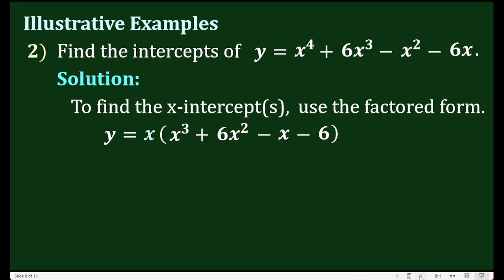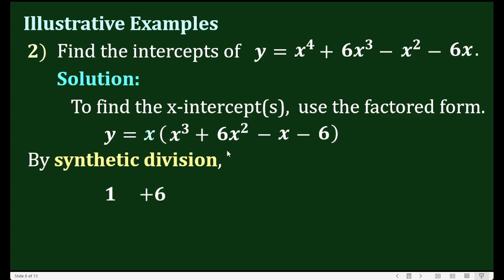Okay? So taking those coefficients from the polynomial inside the parentheses, by synthetic division, we have 1 taken from x cubed, plus 6 taken from 6x squared, minus 1 taken from minus x, and the constant term negative 6. Then we use the root, which is the smallest factor of negative 6, which is negative 1.